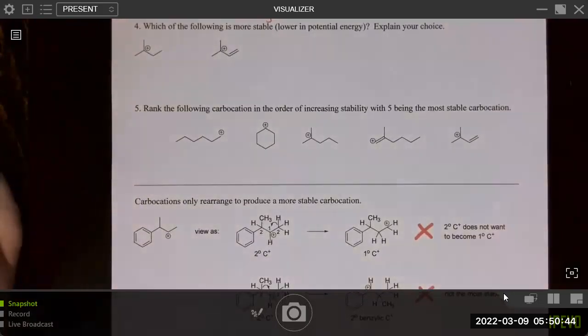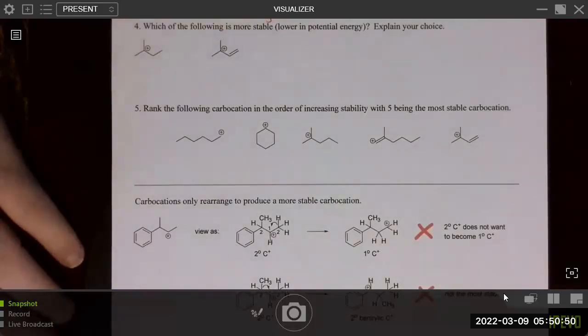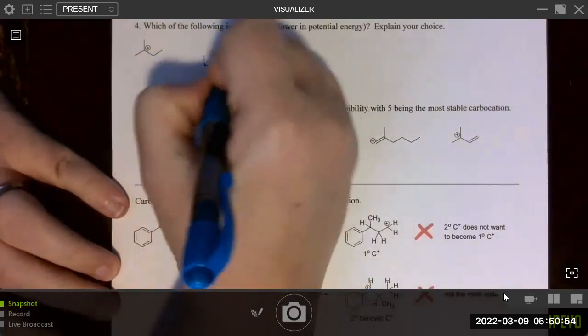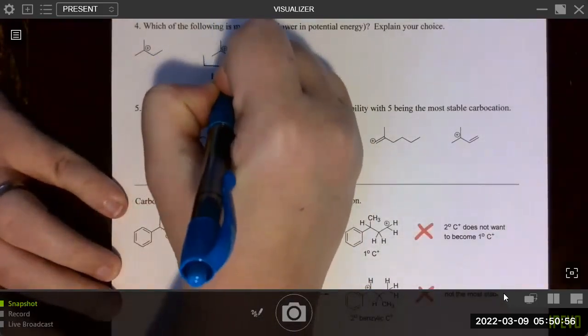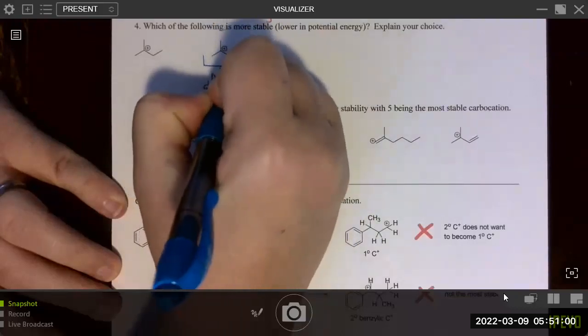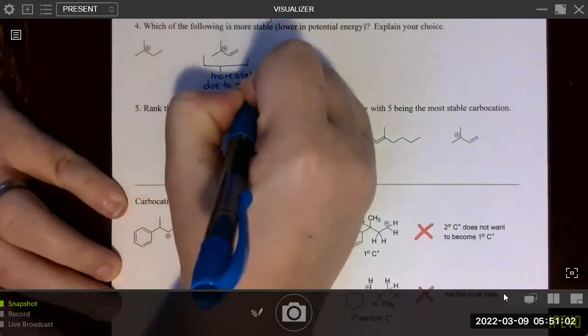Which of the following is more stable? I.e., lower in potential energy? Explain your choice. Right? So this one is actually more stable, right? And due to resonance stabilization.